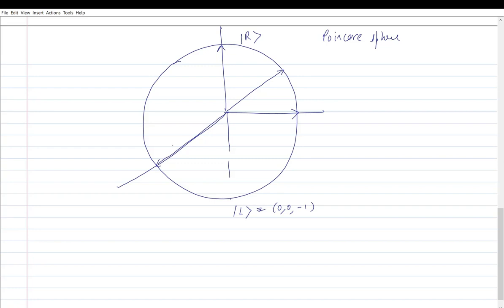On what was the x-axis, you have minus 1, 0, 0, and 1, 0, 0, which is going to be horizontal linear polarization, and this was a vertical linear polarization.